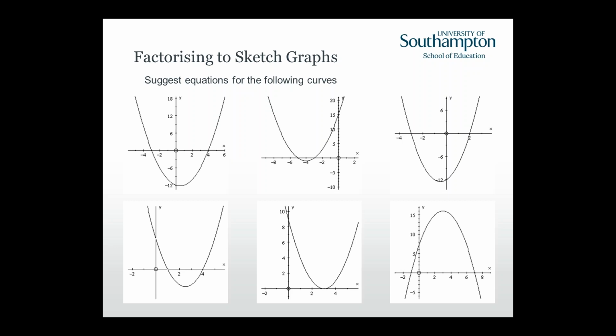So it doesn't matter which one you make minus, you've then got to make the other sign the opposite. So for example, if you've got x plus 1, it'll need to be minus x minus 1, because when you then solve that, it'll give. Oh no, that's the wrong way around, isn't it?